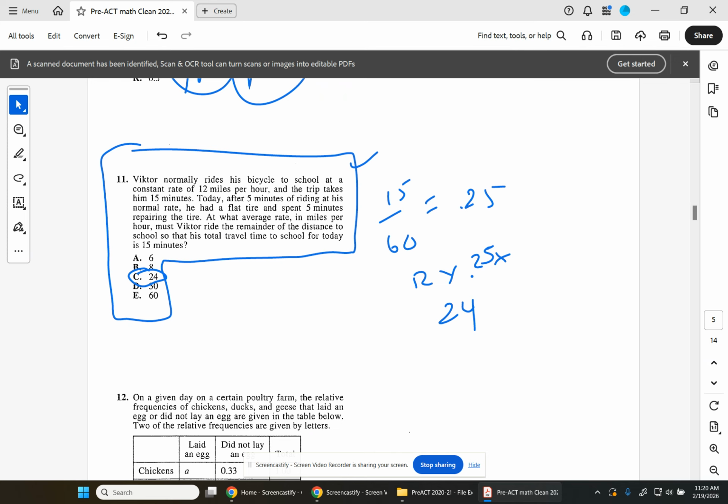Again, this is on every test that I can think of. You can come up with your way of doing that. You might want to take this to your teacher and ask, how do I do this, there's a distance over time, rate. There's that formula. I don't know if you've ever seen that.